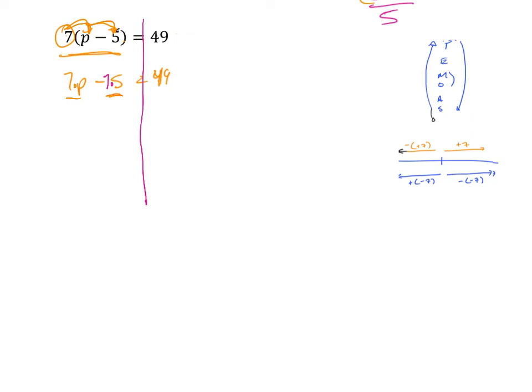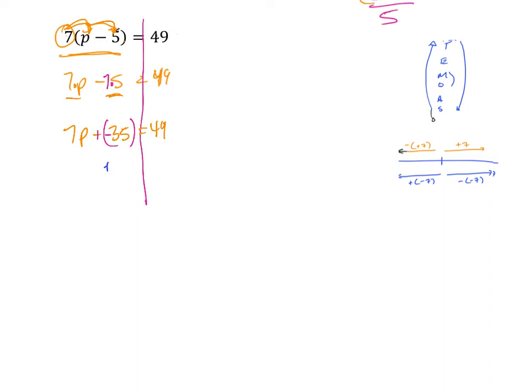Okay, so that means now what I have is 7P minus 35 equals 49. And I taught you to rewrite everything as addition, so you'd say this is 7P plus negative 35. Now I go back to doing the reverse of order of operations. So I'm going to undo the adding, and that means I'm going to subtract negative 35, or I'm going to add positive 35.